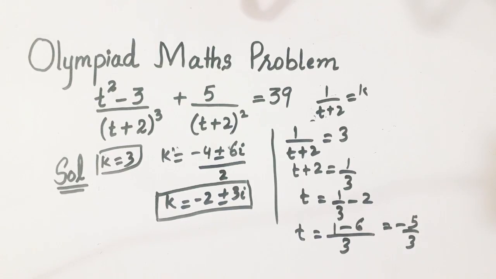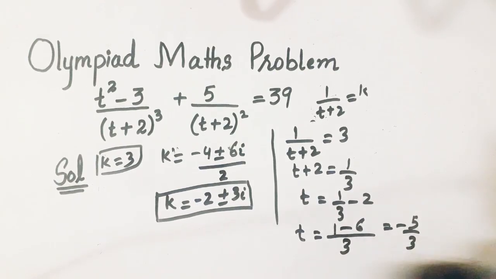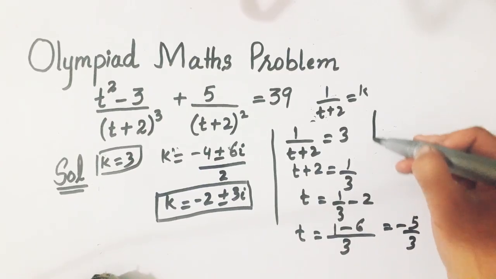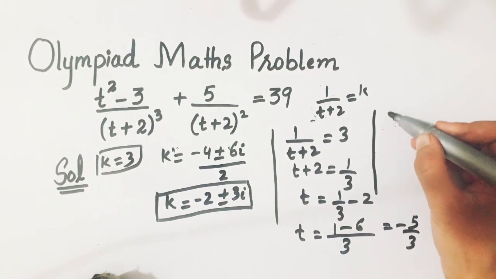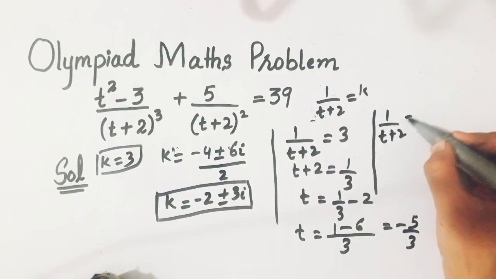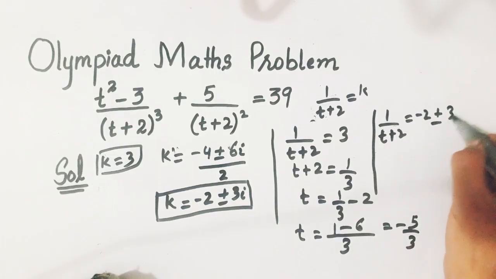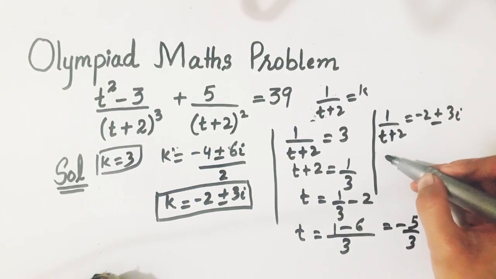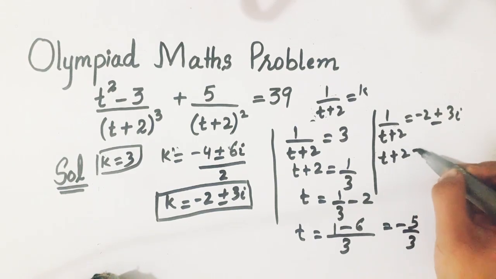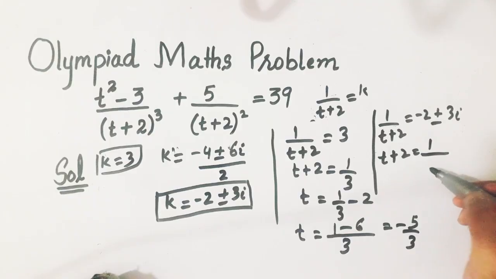After this, we get the other value for case 2. First was minus 5 by 3. Now k equals minus 2 plus minus 3 iota. So 1 by t plus 2 equals minus 2 plus minus 3 iota. Also take its reciprocal: t plus 2 equals 1 by minus 2 plus minus 3 iota.